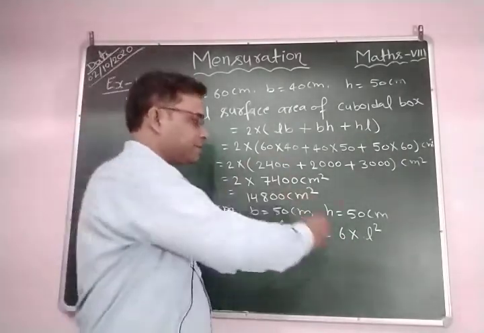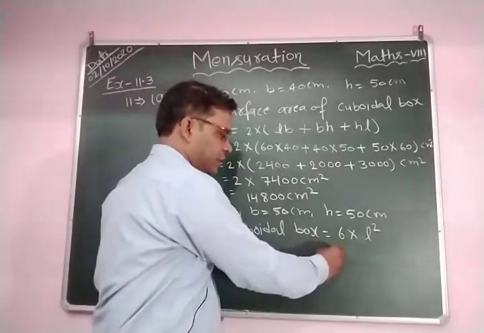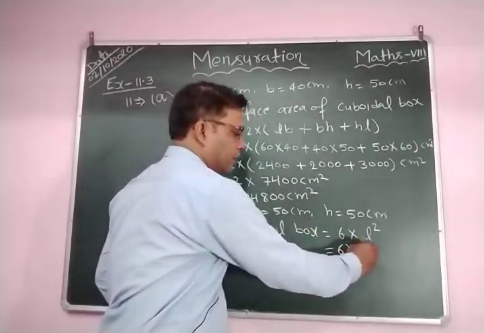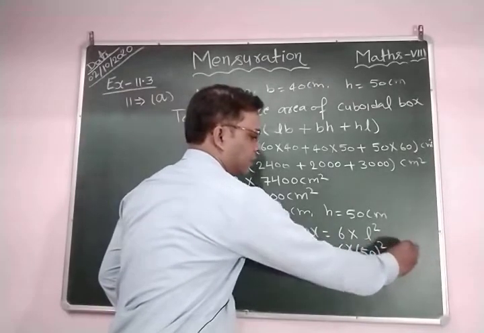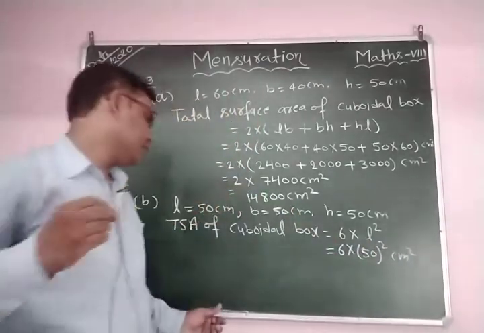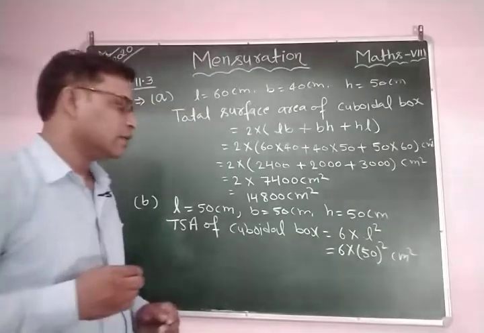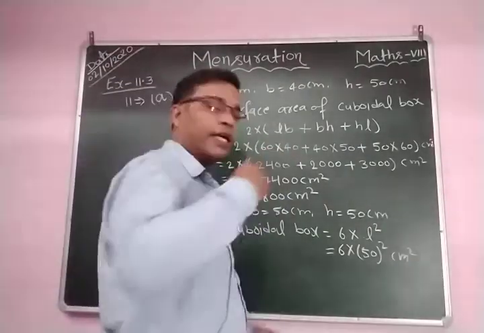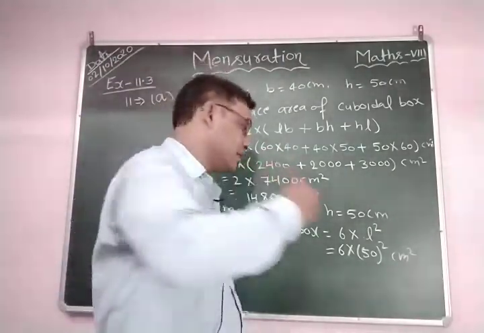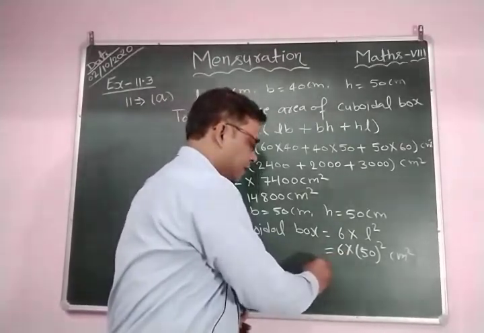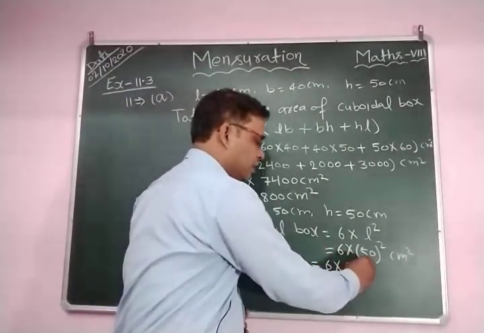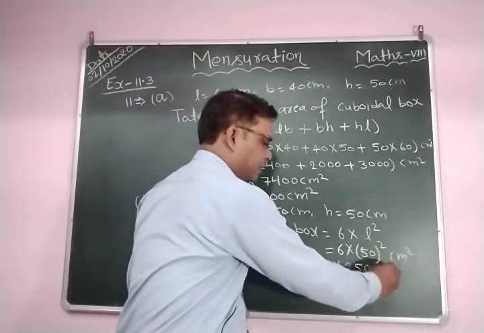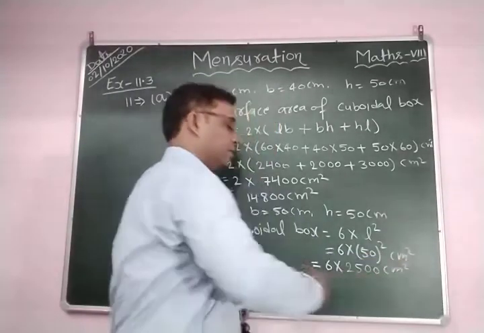Okay, so let's see, we put here 6 into 50, because L is given here as 50, and this is area, so we write here centimeter squares. Now the square of 50 is 2500. So you can write here 6 into 2500 centimeter squares.